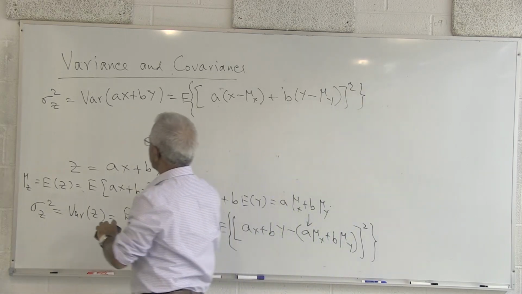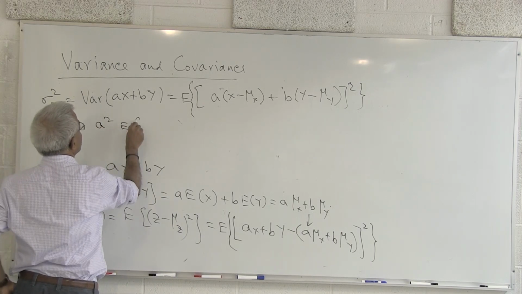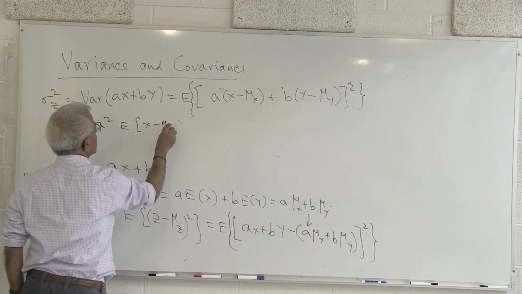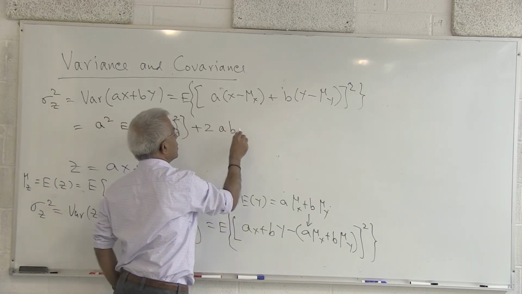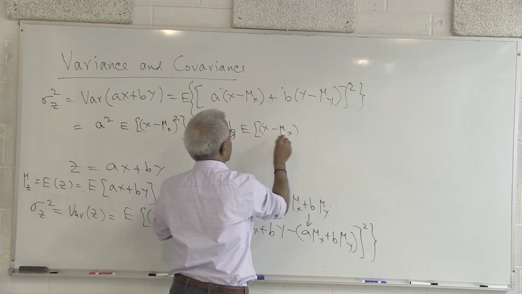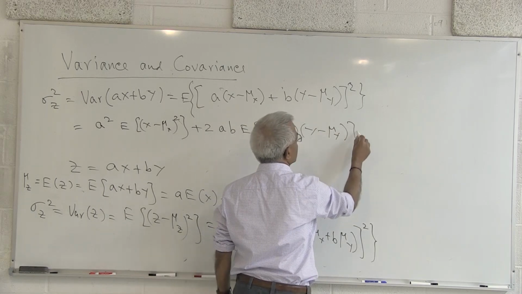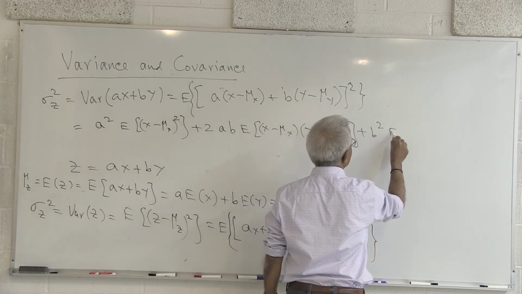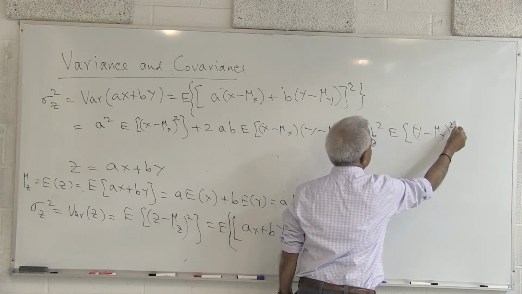If I expand, this becomes a squared, expected value of (X minus mu x) the whole squared, plus 2ab, expected value of (X minus mu x) multiplied by (Y minus mu y), plus b squared, expected value of (Y minus mu y) the whole squared.